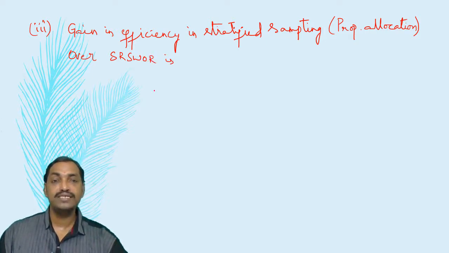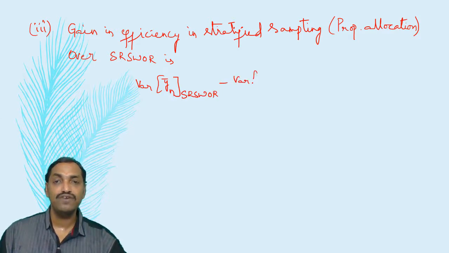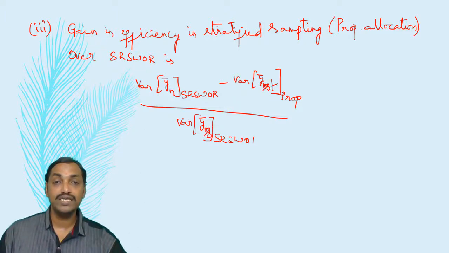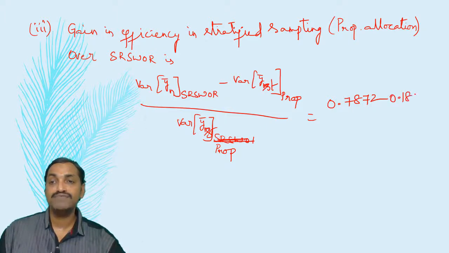Gain is given by the formula variance of y n bar in simple random sampling without replacement minus variance of y bar st in proportional allocation divided by variance of y bar st in proportional allocation, which is nothing but 0.7872 minus 0.1870 divided by 0.1870, which gives me 3.2.